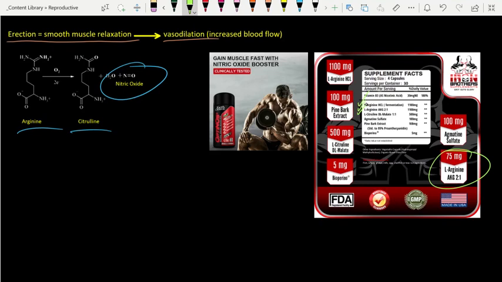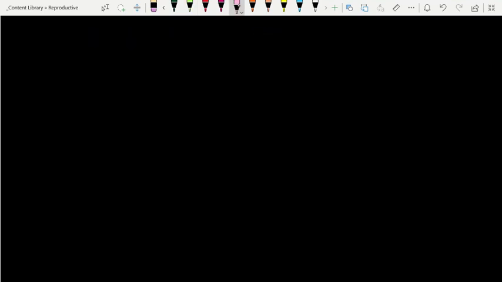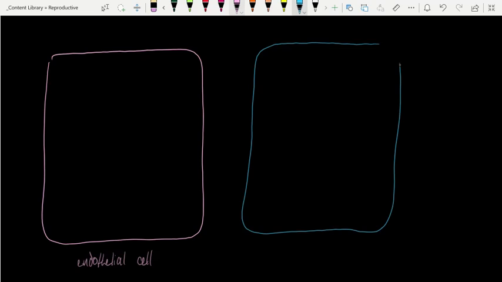So let's take a look at the molecular mechanisms that show us how this works in erectile tissue. We're going to look at two cell types, the endothelial cell and the smooth muscle cell surrounding it. And this story actually starts off with a muscarinic receptor. Now, hopefully you're thinking, wait, I didn't think there were a lot of parasympathetics that innervated endothelial cells, that innervated blood vessels. And you're right.